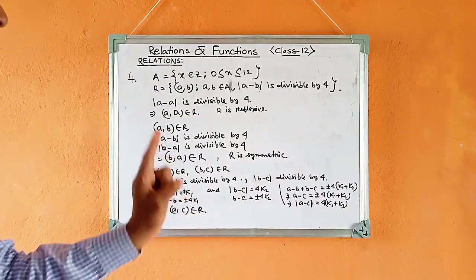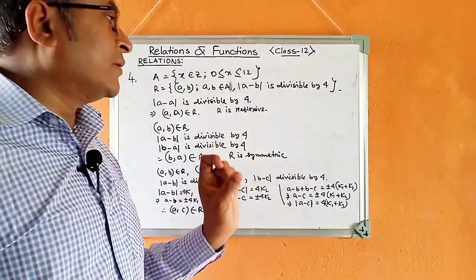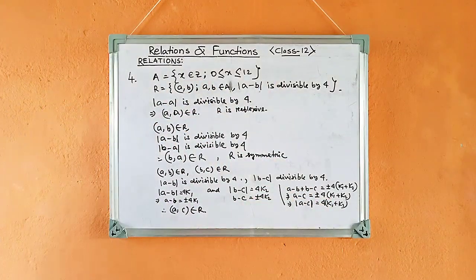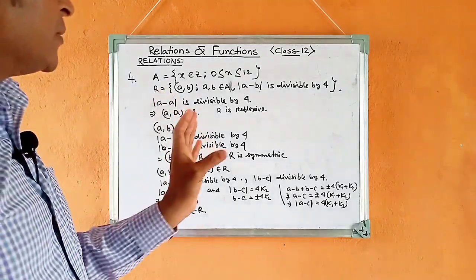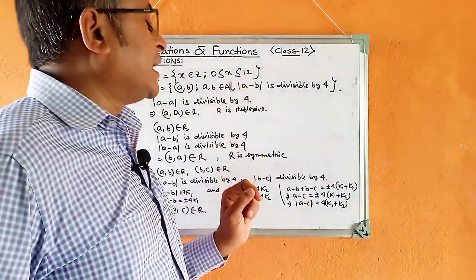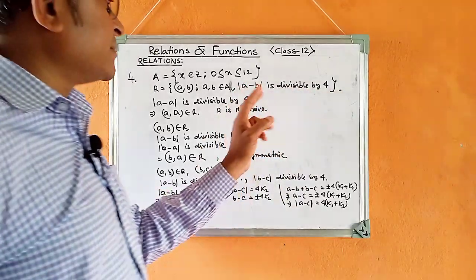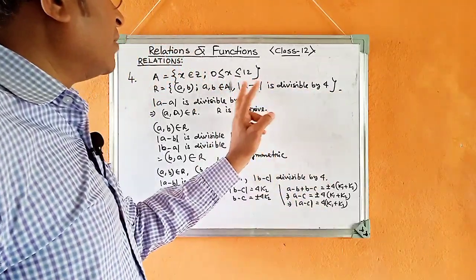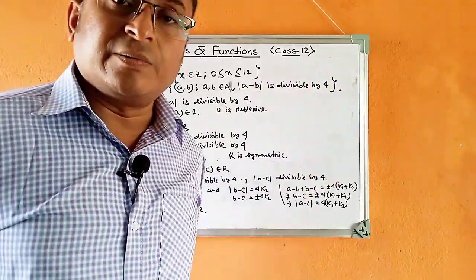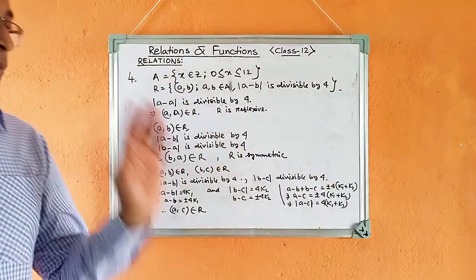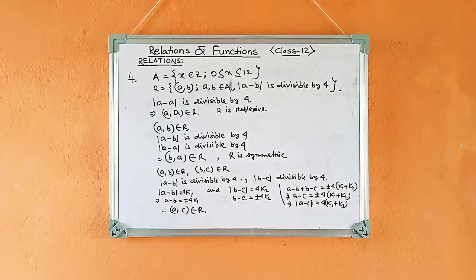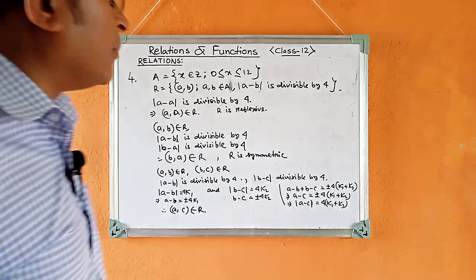The next one is 9: 1 minus 9 is 8, divisible by 4 also. And B is also 1: 1 minus 1 is 0, also divisible by 4. So we get 3 numbers. I repeat, the set of elements in A related to 1 is {1, 5, 9}.